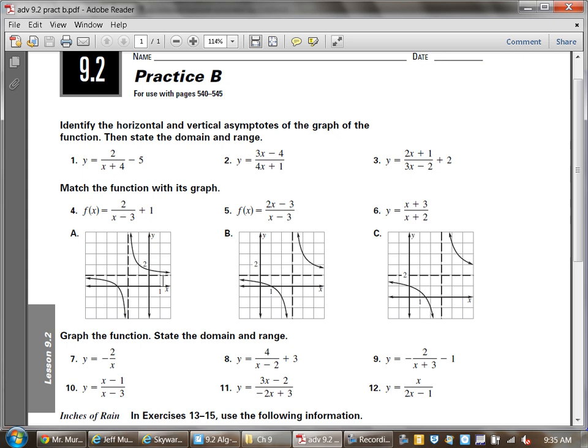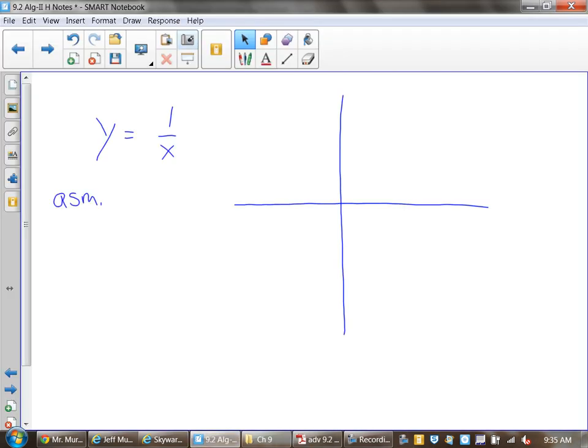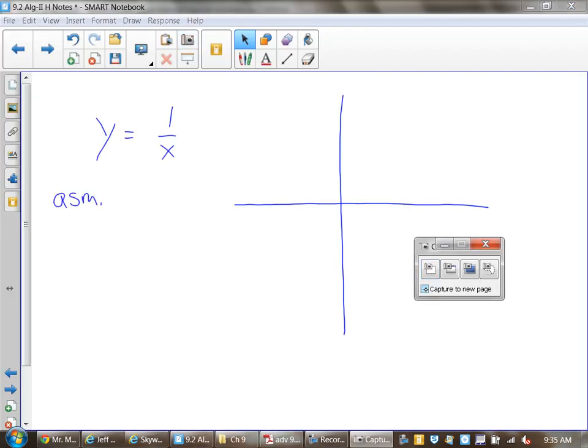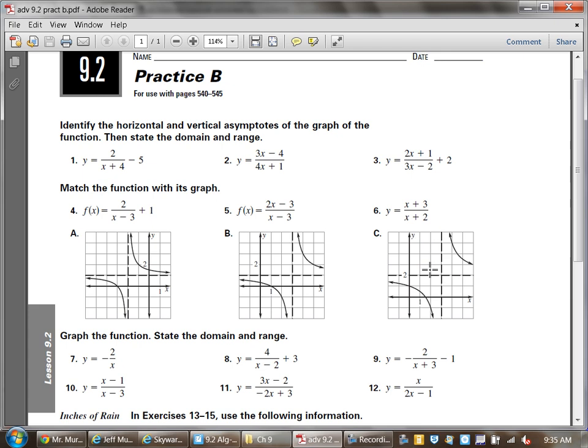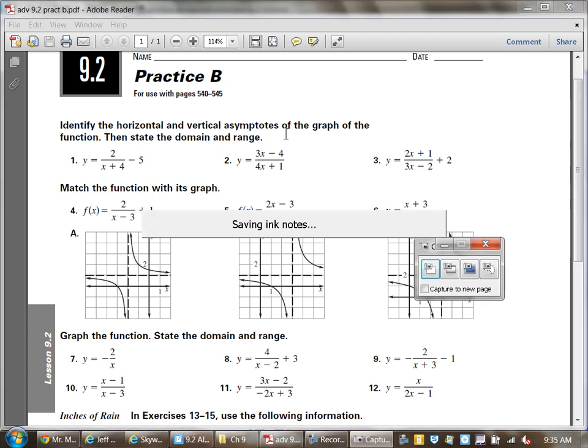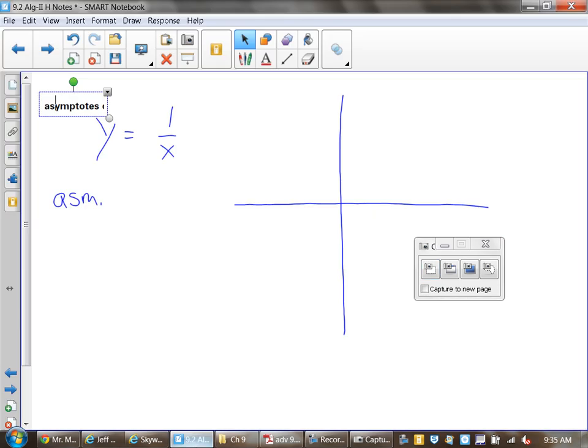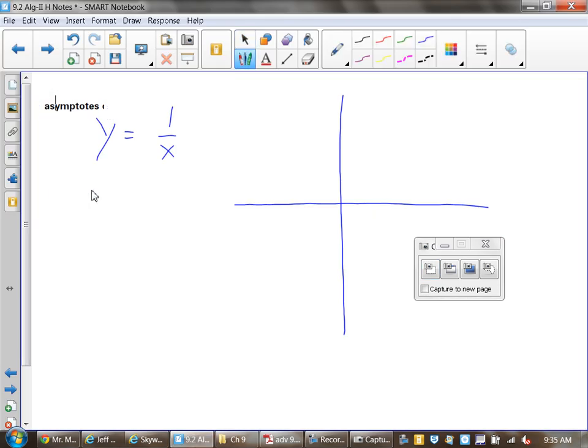I found it written somewhere. It's right here. Asymptotes. I was right, I had the Y wrong. Yeah, you switched it. Asymptotes.